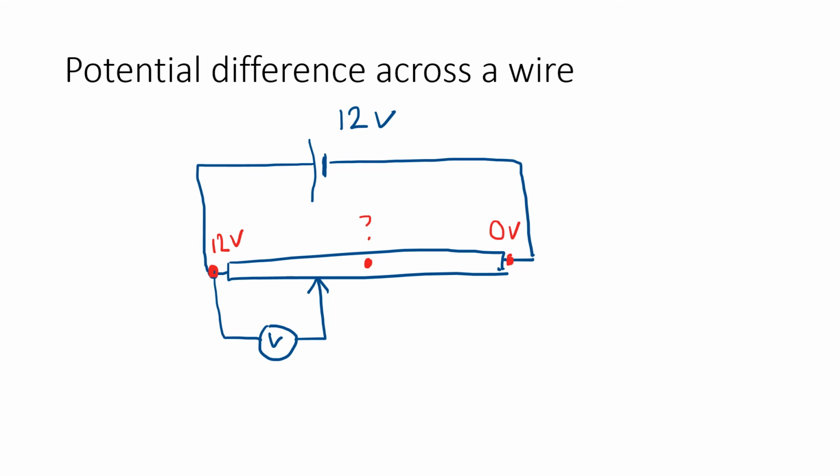Remember, what we're reading is a difference in potential. If we put this slider on the left hand side, so there's no wire at all, it will read 0 volts, and then as we move it across to the right, it will gradually increase up to a maximum of 12 volts. With the slider in the midpoint, halfway along the length, we'd expect the voltmeter to read 6 volts.